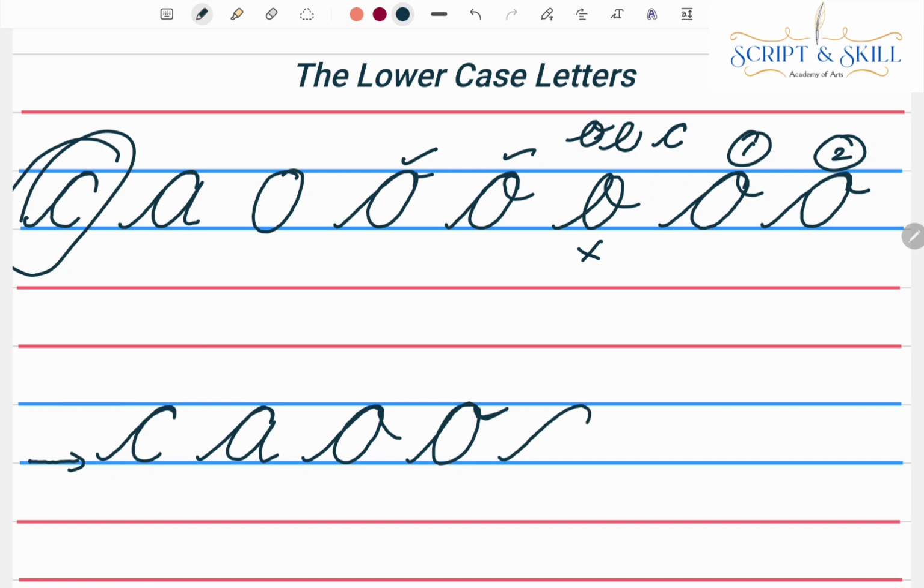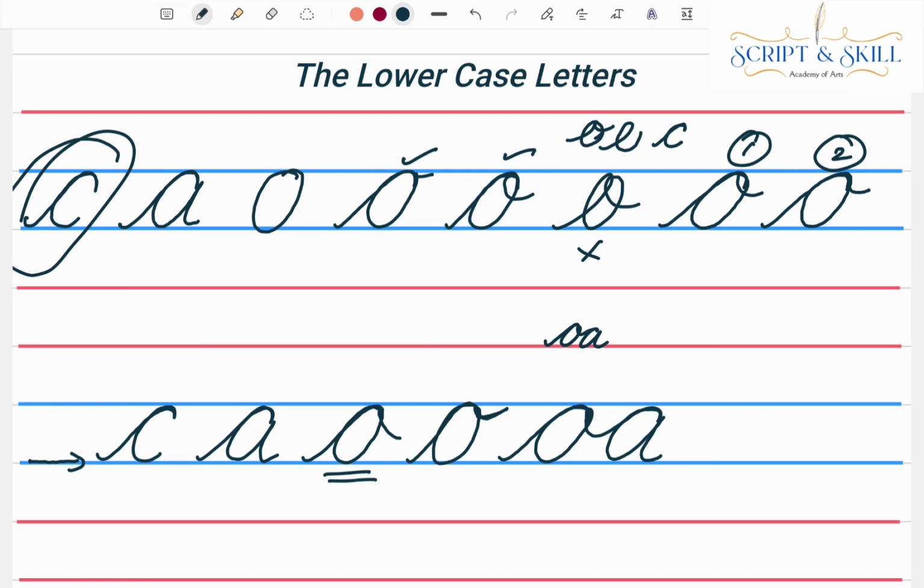So let's say oat, O, A. Can you see how I write O and A together? When you write it fast, see, it gets easier. So you need to practice the letter O so that it gets easier when you connect the alphabets. Keep practicing until we see in the next class.